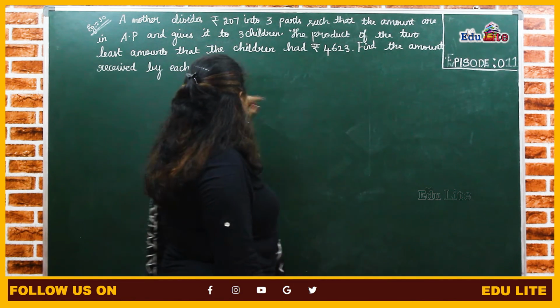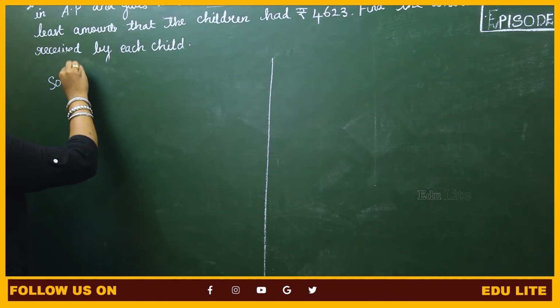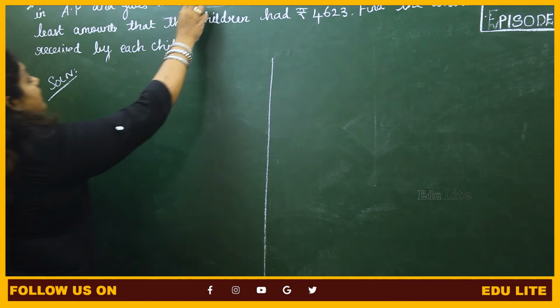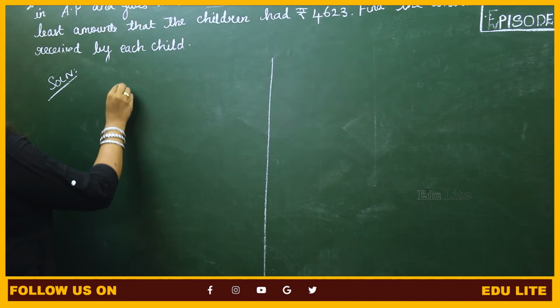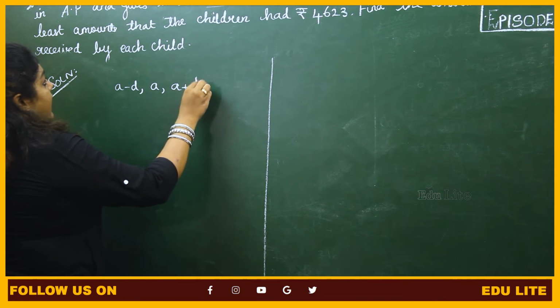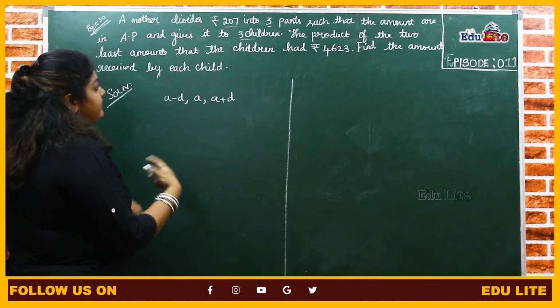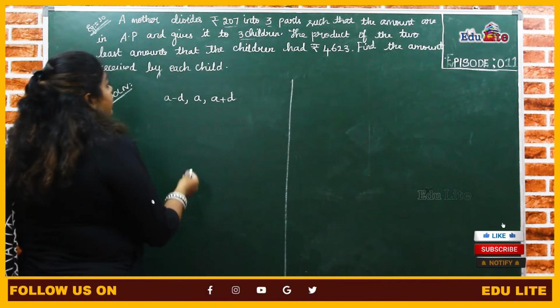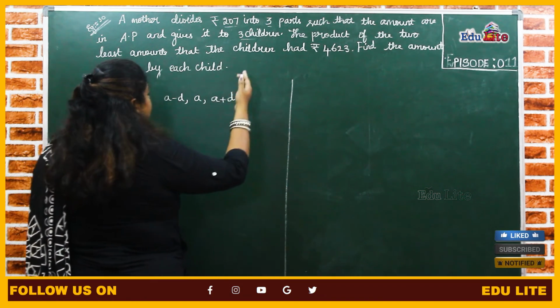We have to find the amount received by each child. So first step, 207 is divided in 3 parts. So we have to consider 3 consecutive terms, A minus D, A, A plus D, and 207 is divided into 3 parts to 3 children. Vice versa, it could be said that the sum of the 3 children's amounts will give 207. Both are one and the same.